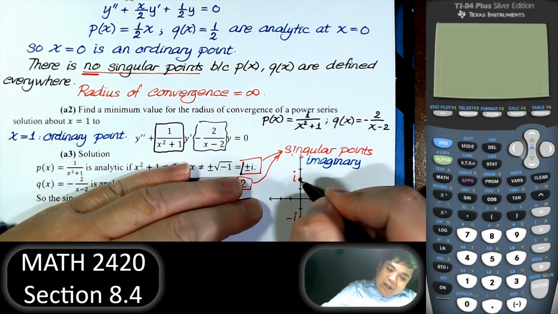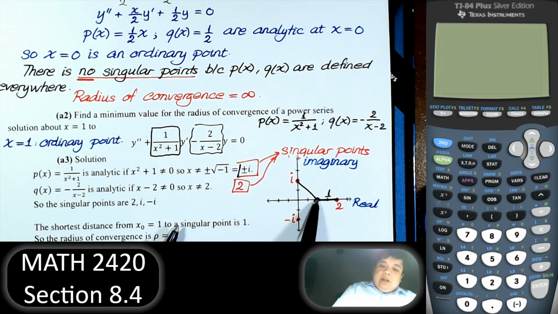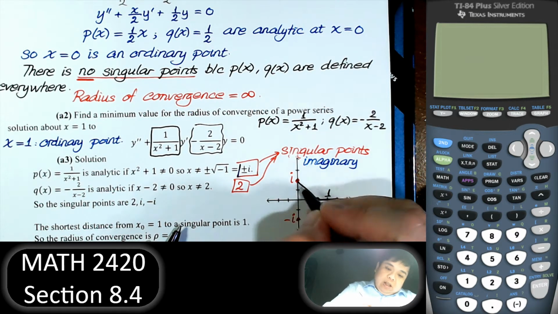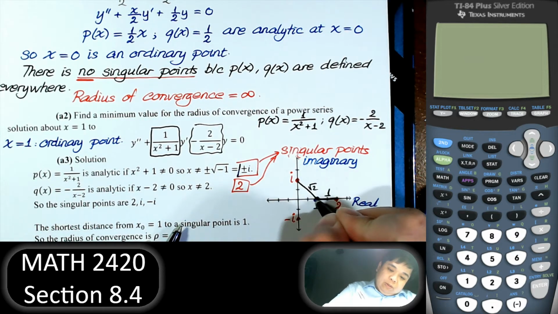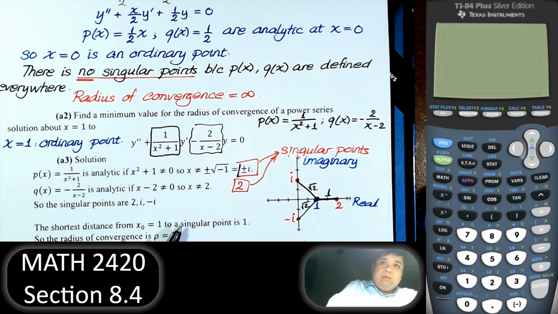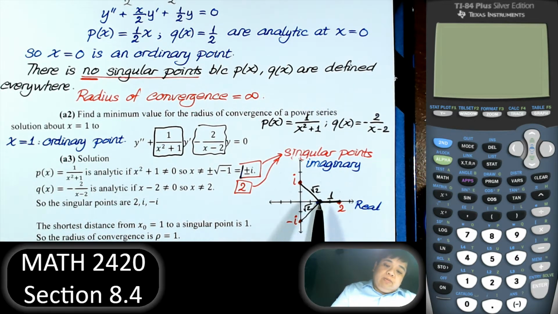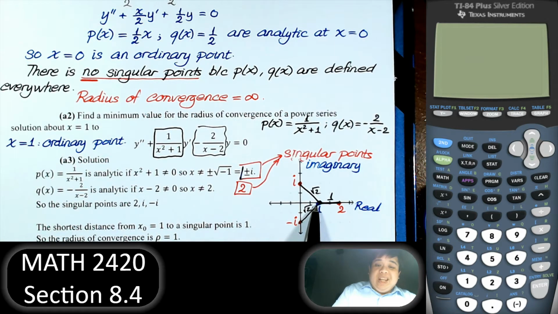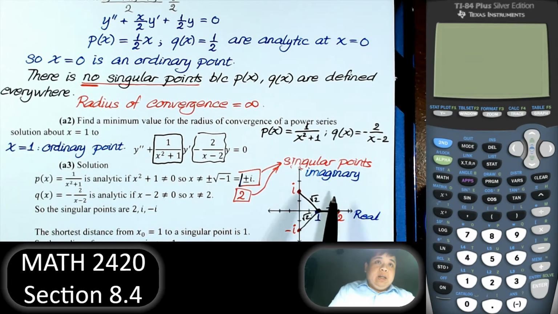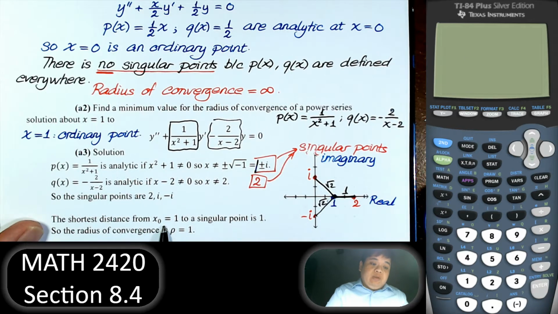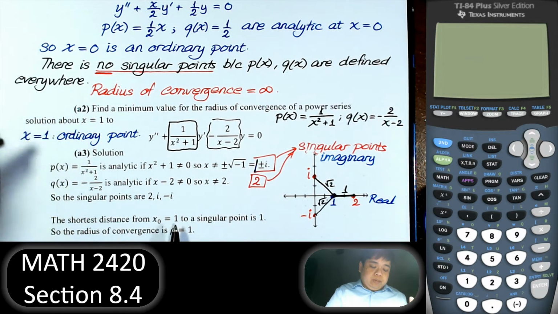And for this distance here, if we have 1 up and 1 to the left, the distance is square root of 2. So we take the minimum, the shortest distance from the ordinary point to the nearest singular point, which is 1. So the shortest distance from the ordinary point 1 to a singular point 2 is 1. So the radius of convergence is 1.